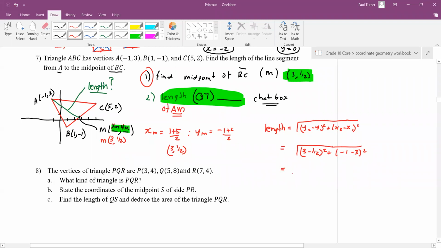So I've got to refer to my notes here. So I have to do it in my head. So 6.25 for this bit, and that's going to be 16. So if you simplify this in your calculator, you end up with root 89 on 2, which is 4.72 units.